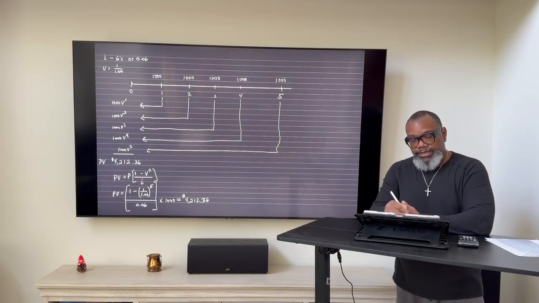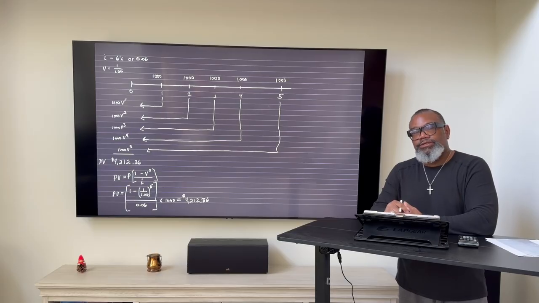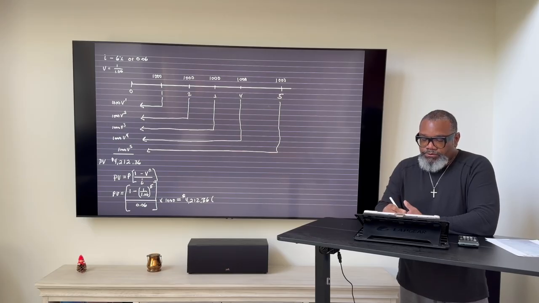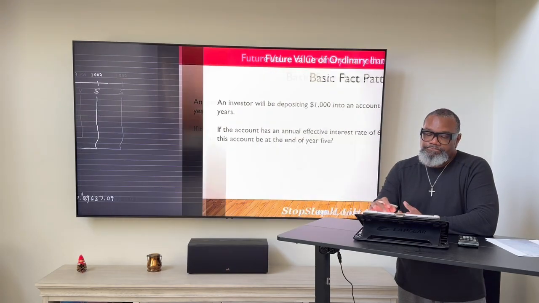Now, if we wanted to figure out what the value of that would be at the end of 5 years, if this amount was invested in this account at time zero and it was going to earn an effective annual rate of 6%, then we would just multiply that by 1.06 raised to the fifth power, and when we do that, we get the same thing. We get $5,637.09, right? So that's one way of doing it.